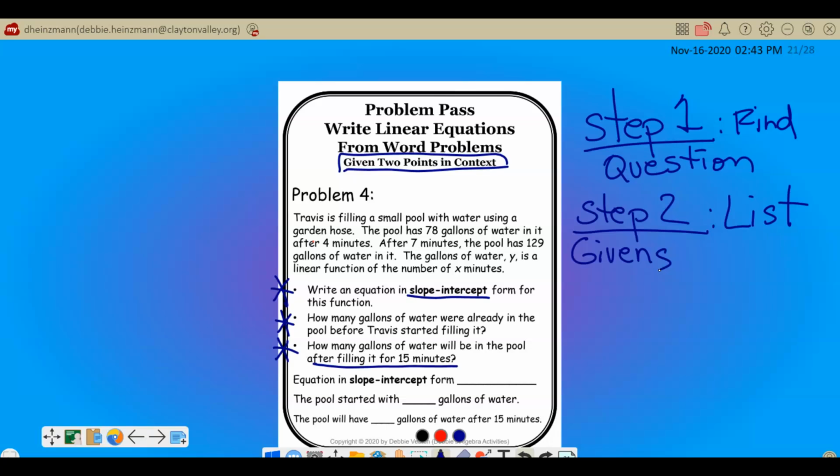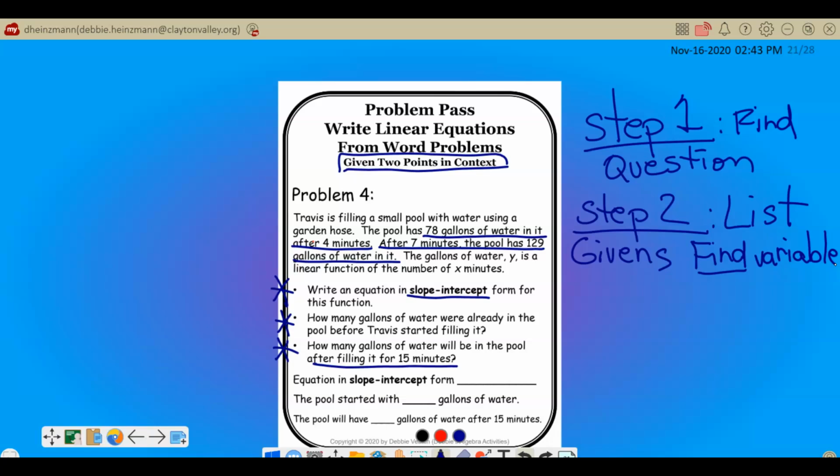The pool has 78 gallons of water in it after 4 minutes. And after 7 minutes, the pool has 129 gallons in it. And we don't have to find our variable in this instance because they're telling us what it is. But it's good to know that this could be a step where you would have to label your variable.